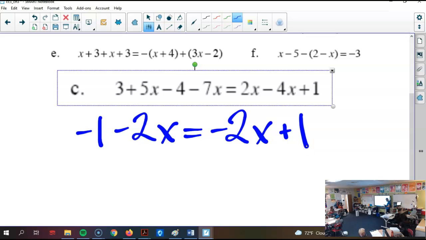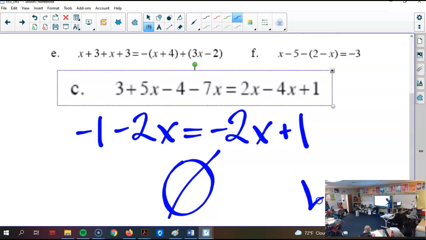Interesting. Aharon, what does this make you think about or realize? That this is not possible, because if you add 2x on both sides, you're just going to get negative 1 equals plus 1, and that means it's lies. These are big fat lies. It's all lies.